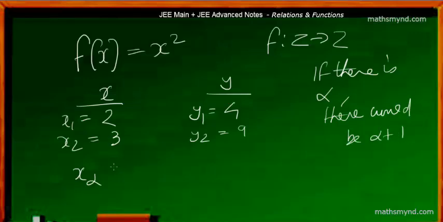It simply means that if x alpha plus 1 is input here, you would be getting y alpha plus 1 as the output.